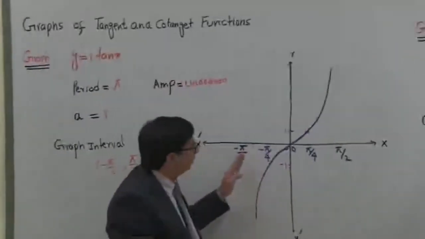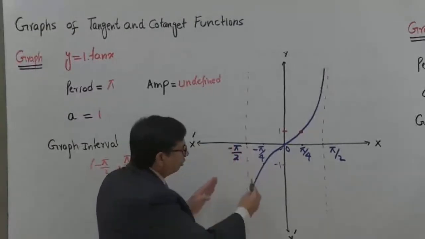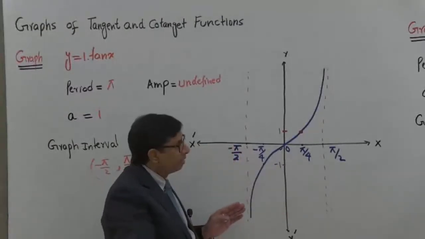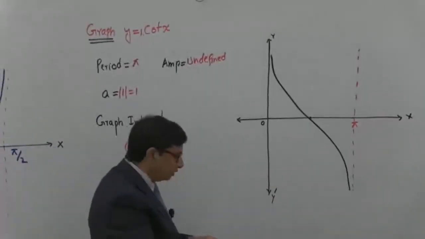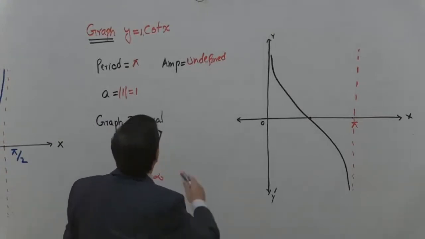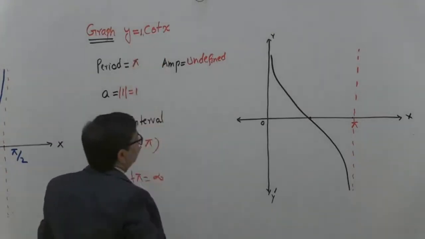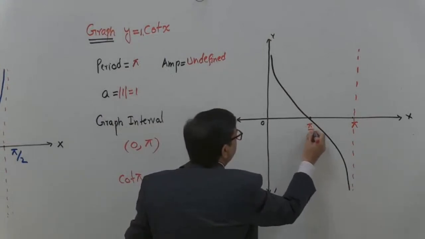You can see the tangent function graph is on both sides of the y-axis, whereas cotangent is on the right side of the y-axis. Now you have to label the graph. Labeling comes according to the function, and this is the midpoint, which is pi over 2.